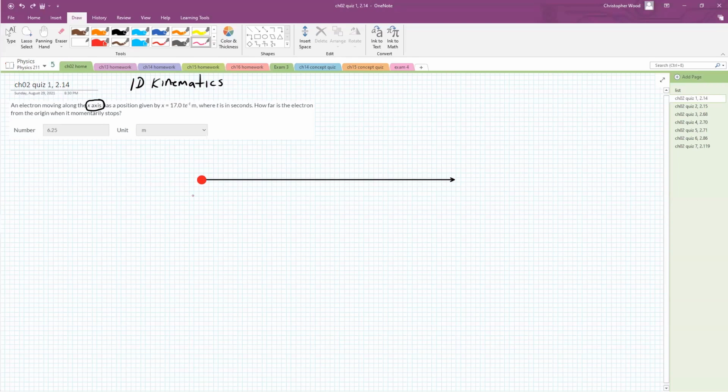This is the typical designation for an electron. For example, this is a popular definition for a proton. This is a popular definition for a neutron. This is the symbol, not definition, but symbol. This is the symbol for electron. We're dealing with an electron, and this electron is made to move according to this function.